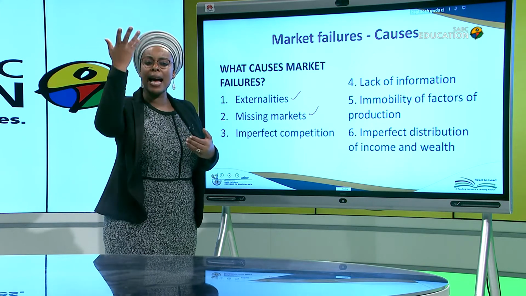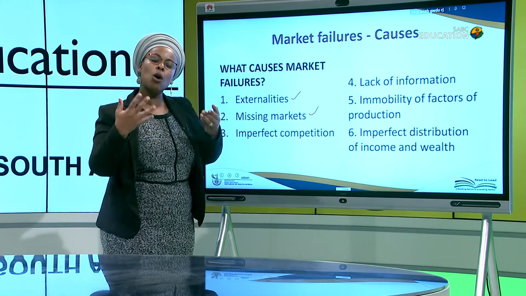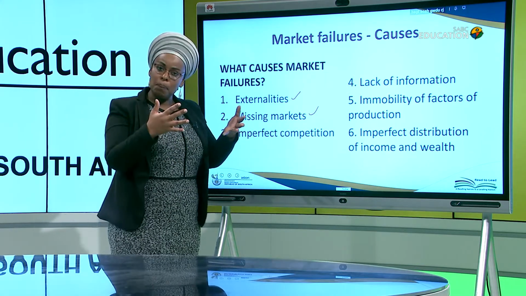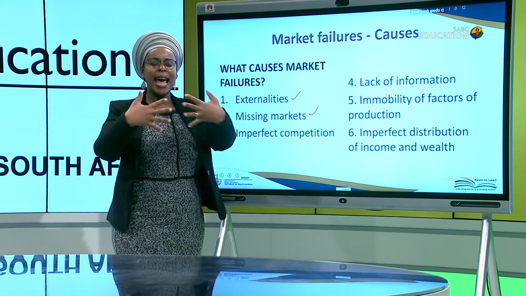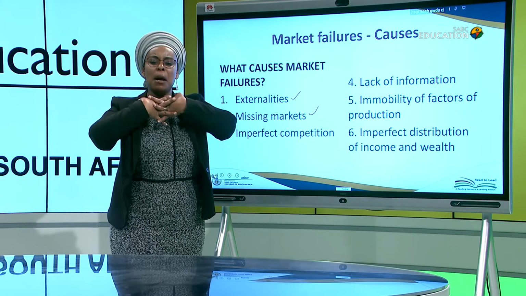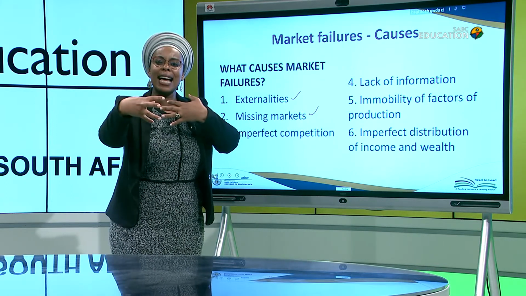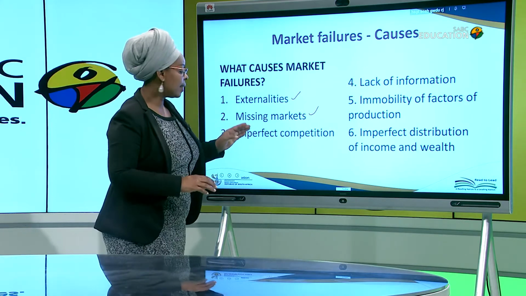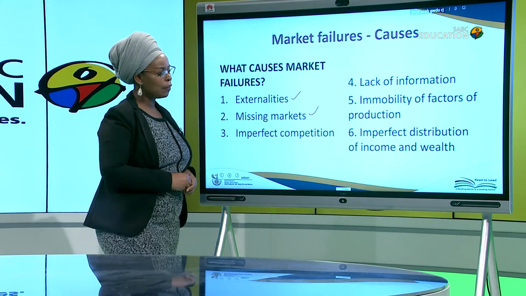Remember, if prices are high, we won't be able to buy more or afford. Another thing is that you'll find that the oligopolies or monopolies, they have a way of blocking entry, making competition not to be easy. Block entry so that other entrants won't be able to enter or will find it difficult to enter. That can cause the market to fail.